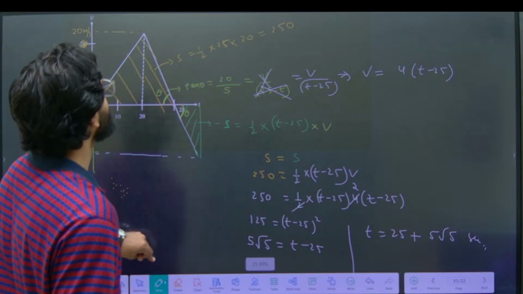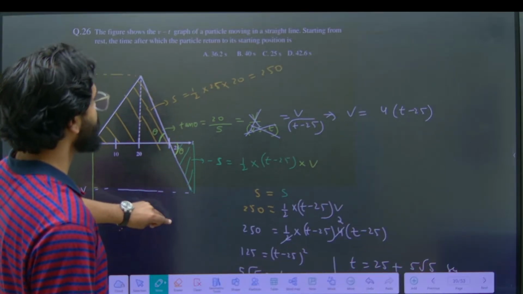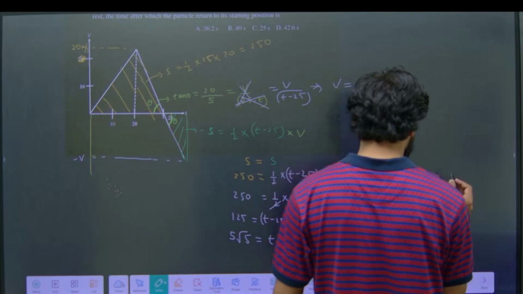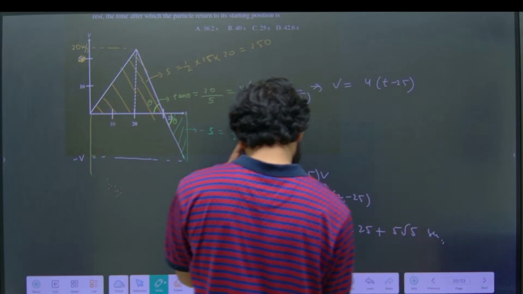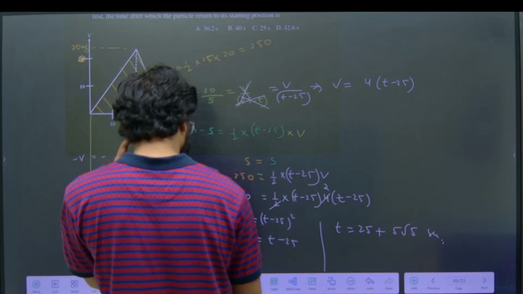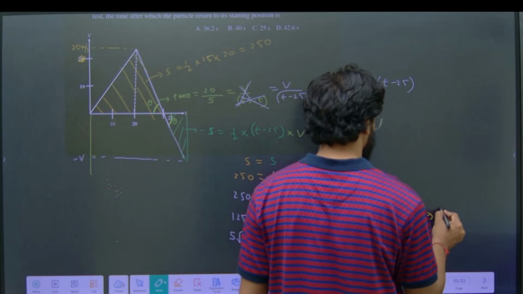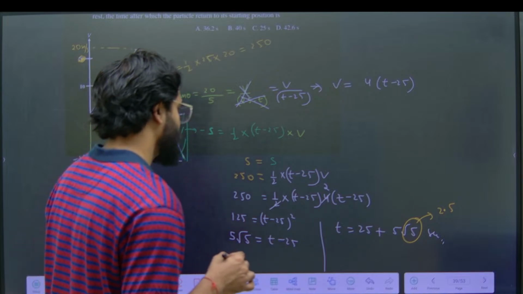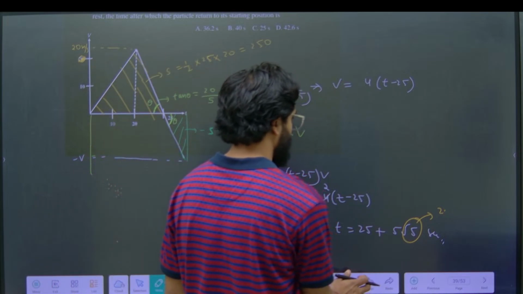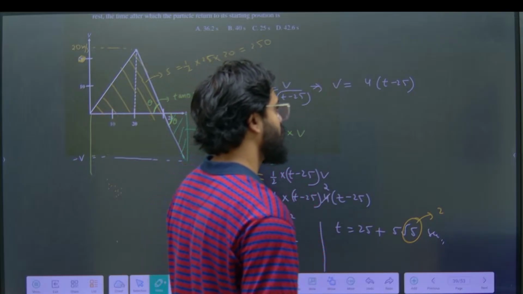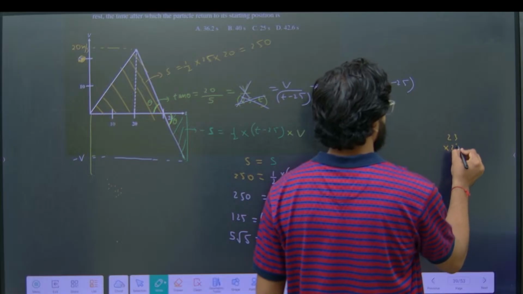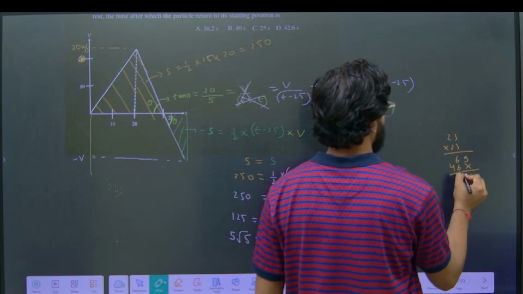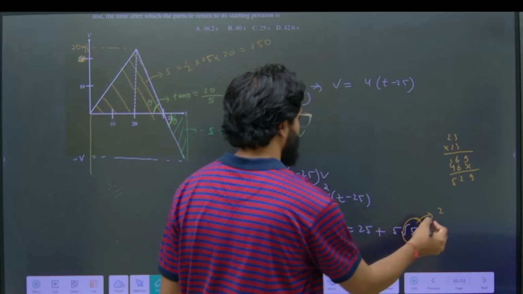Now whatever it is, they are asking in points. So root 5, we can assume it as 2.2, 2.3, roughly 2.3 we can assume.